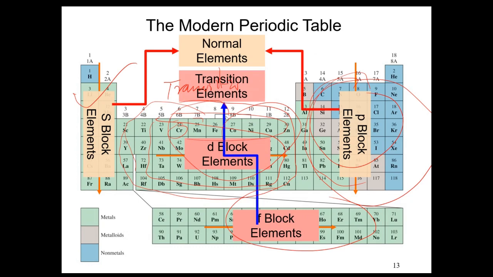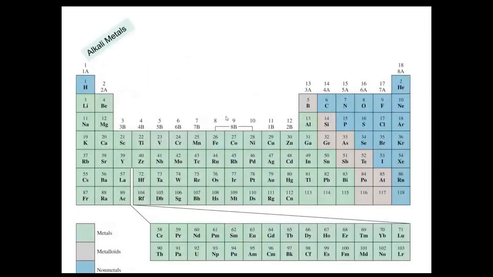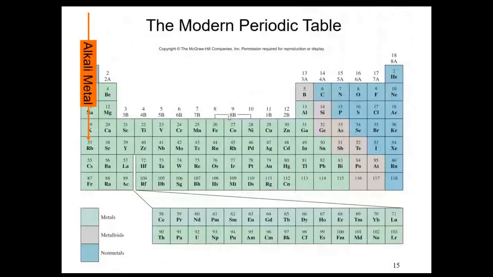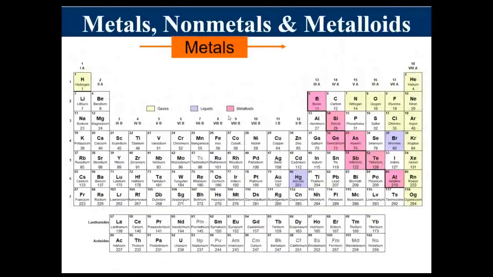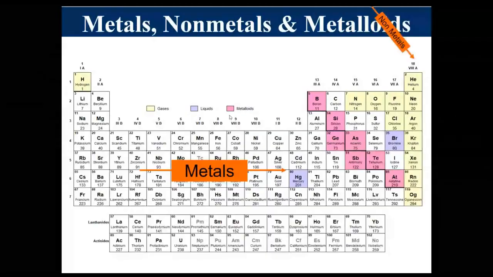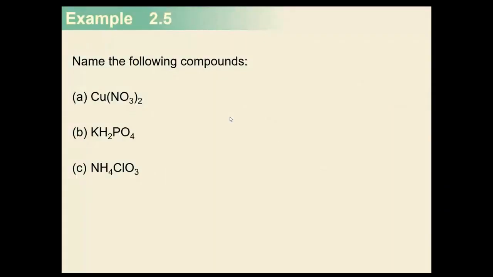Now, any other question? Okay. We were discussing this, so it is copper 2 nitrate. Next is K, potassium dihydrogen phosphate.